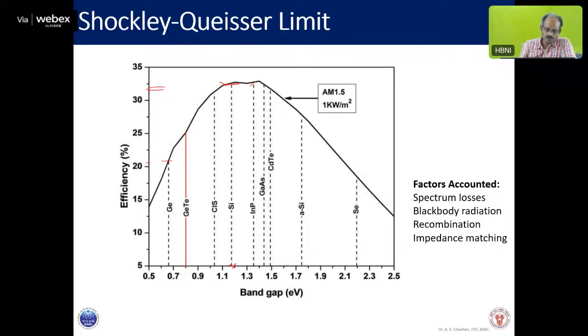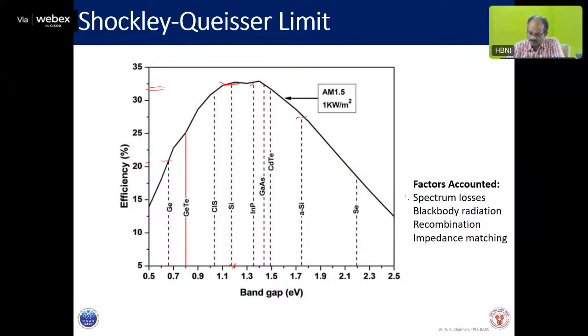Why? Because though absorption will be more than silicon, they will recombine and will not be collected. And for amorphous silicon, we have nearly 27% maximum possible efficiency.